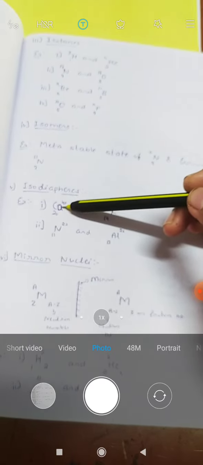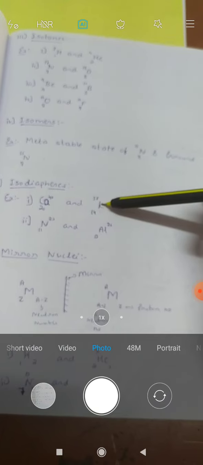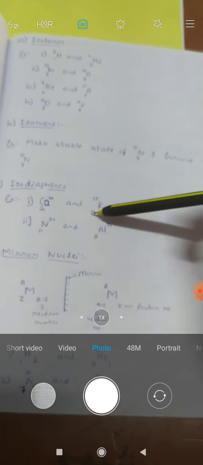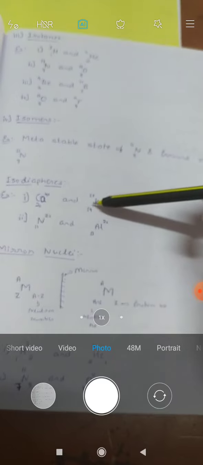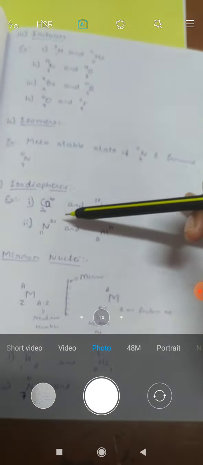At the same time, in case of potassium atom also, its mass number is twice its atomic number. Next, nitrogen and aluminum, these two are examples for the isodiaphers.